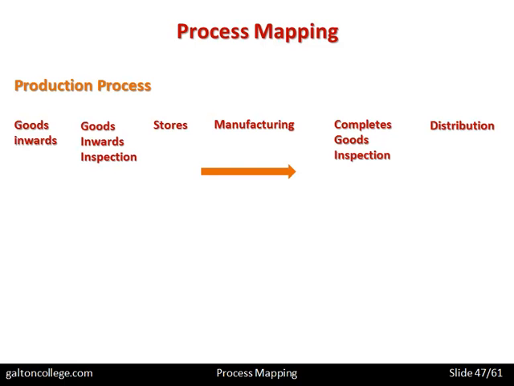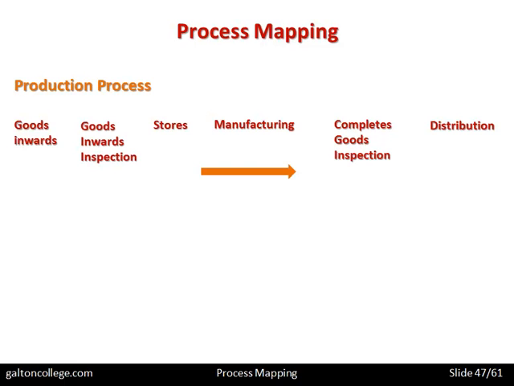Now, of course, it all depends on the philosophy of the business. It may be that the business is trying to run on a just-in-time basis, a JIT basis. So it tries to get in the goods and it misses out the stores, perhaps going straight into manufacturing, from receipt of the goods straight into the manufacturing.